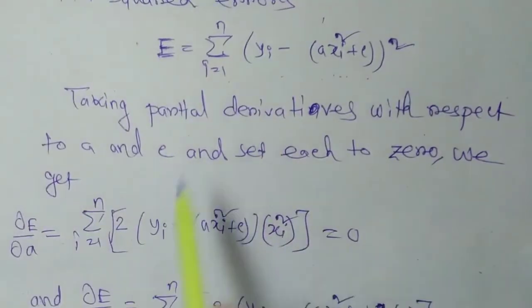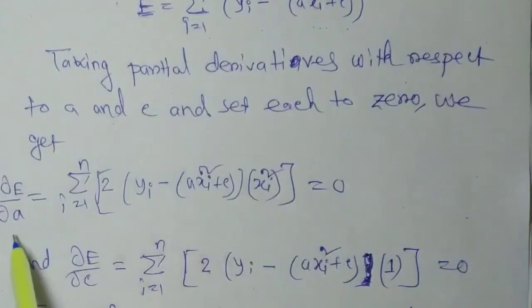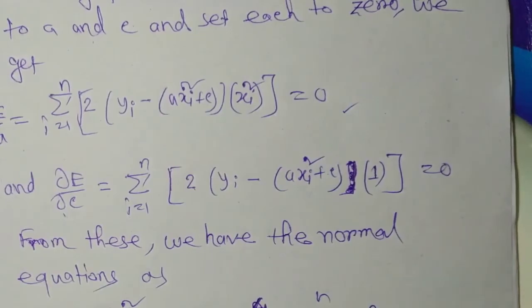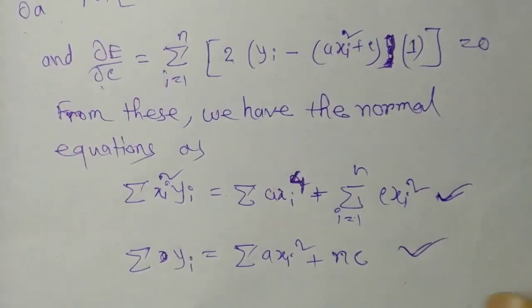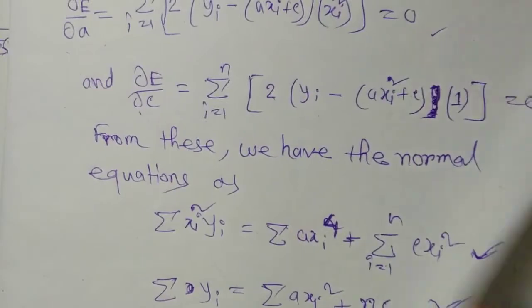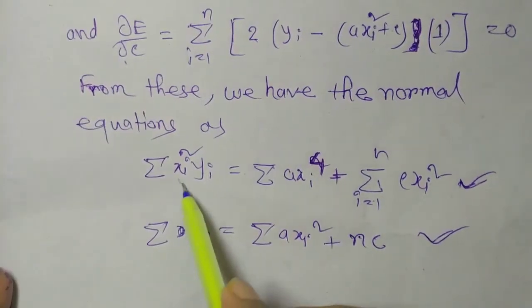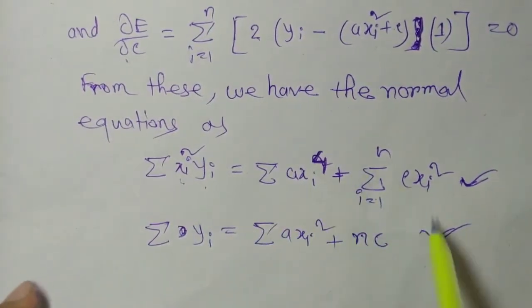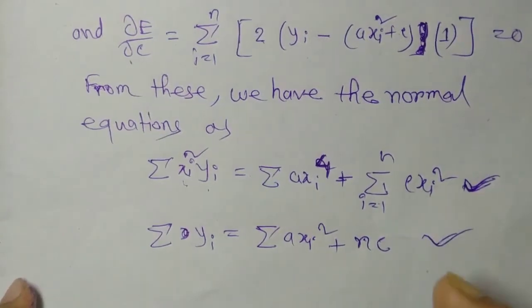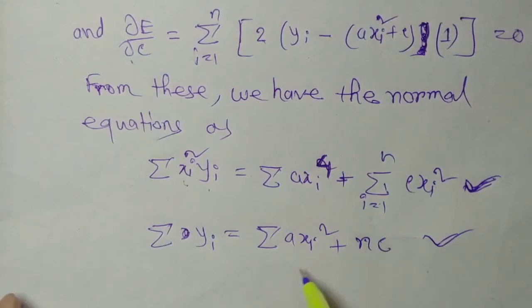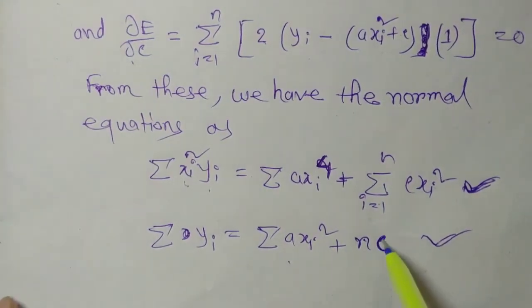Taking the partial derivative with respect to a and c, del E by del a is equal to 0 and del E by del c equals 0, and from this we obtain the two normal equations. Putting the values of xi, yi, all the data here, we will obtain two equations as in the above two cases, and by solving we will find the values of a and c.